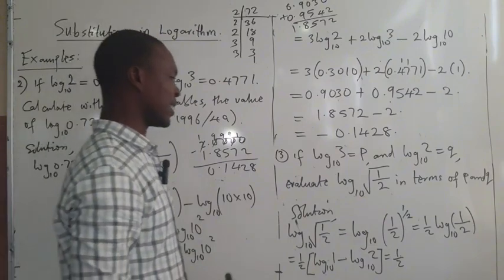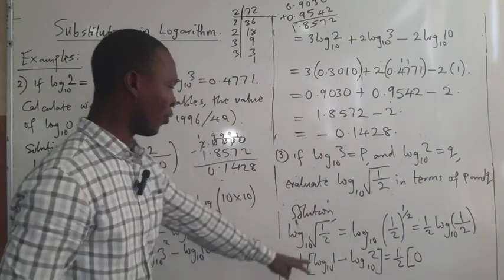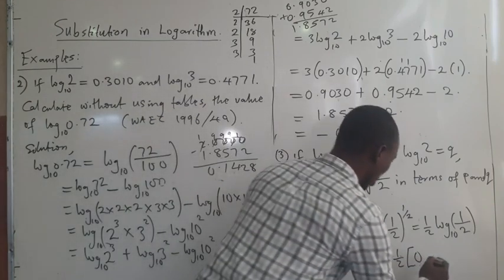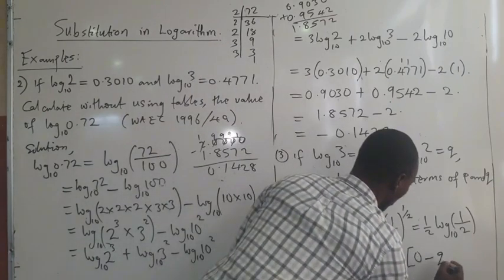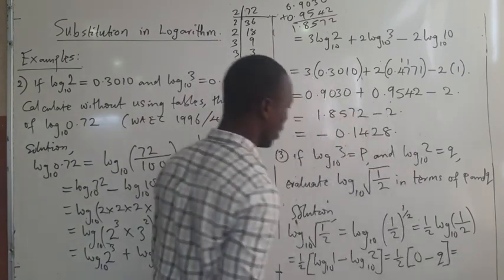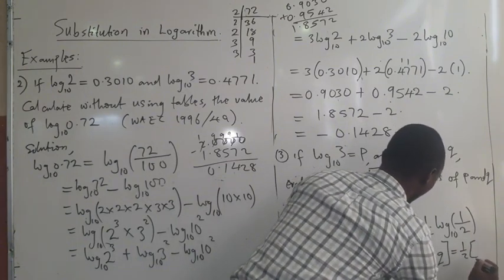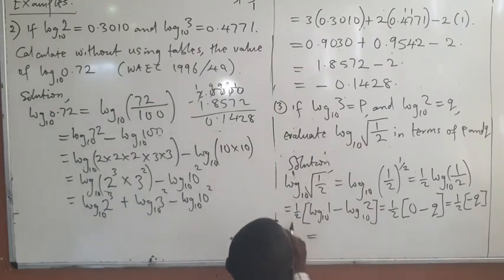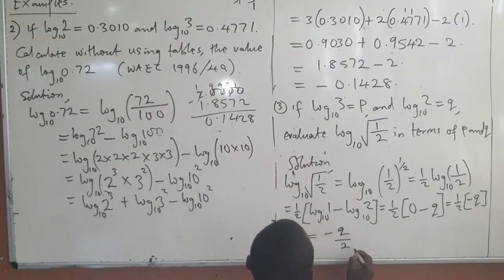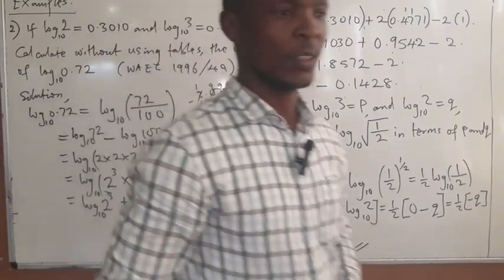So we have a 0 for log 1 base 10, minus log 2 base 10, which is given as q. So which is equal to 0 minus q. So we have 1 over 2 into bracket minus q. So the final answer is now minus q all over 2. So this is the final answer to question number 3.